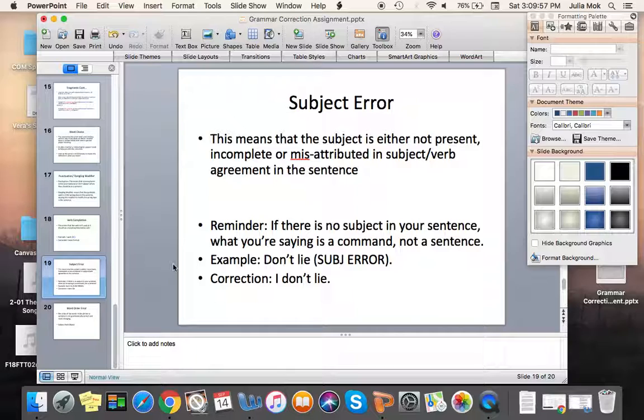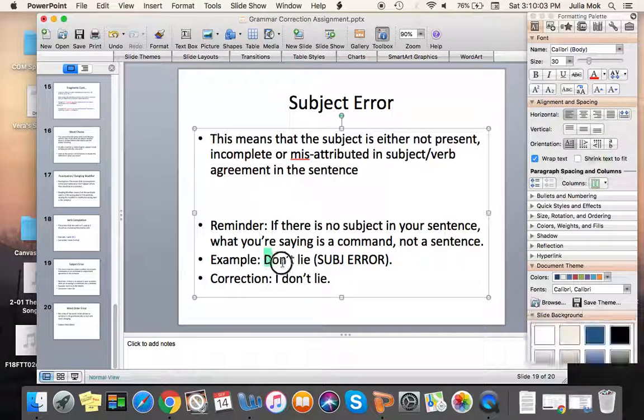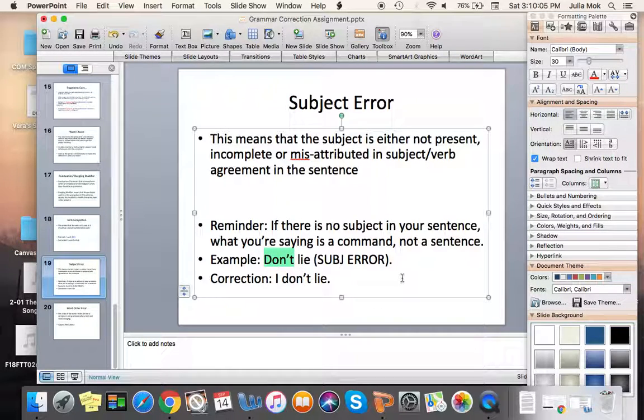Here, you would want to make sure that the first word of your sentence is not a verb. Most all the time in academic English, we don't start sentences with verbs unless we're commanding somebody.